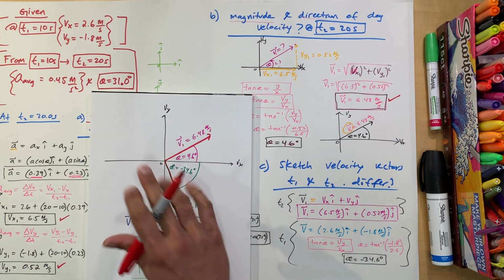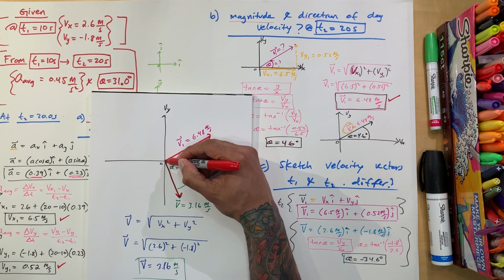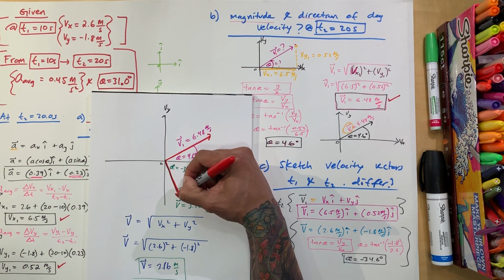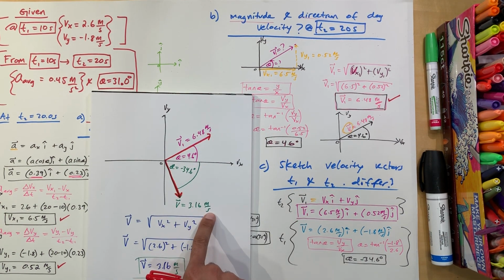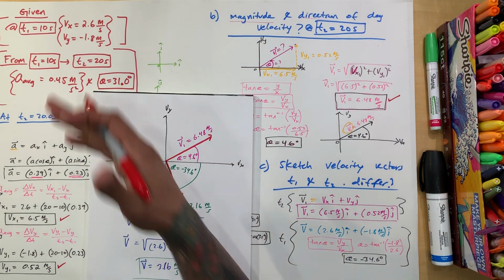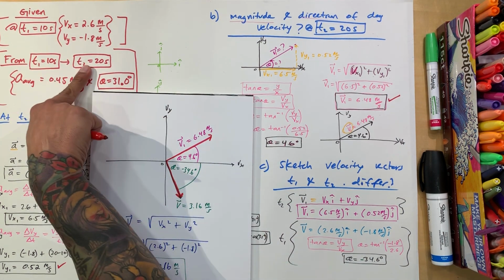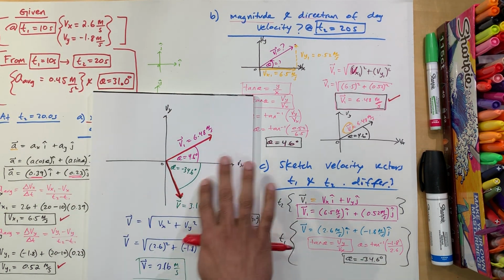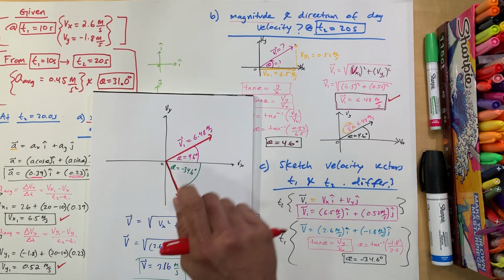If we were in a helicopter, we would see the dog running this way, at this speed and at that angle. And then through a different time interval, 10 seconds to 20 seconds, he's done something else and he's over here now.